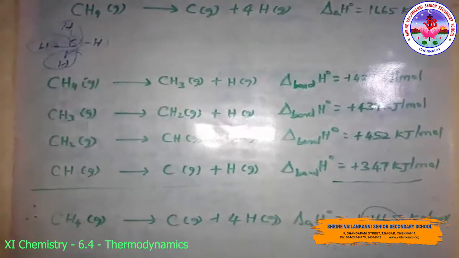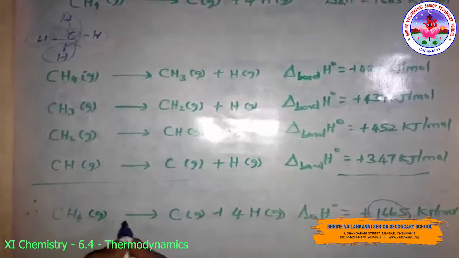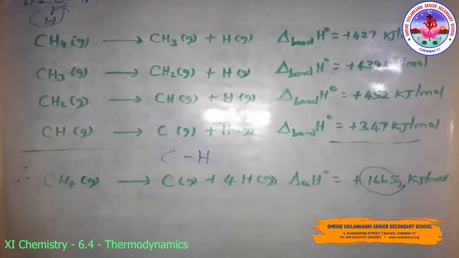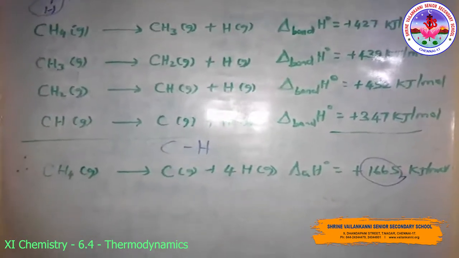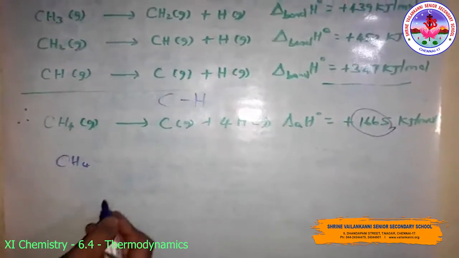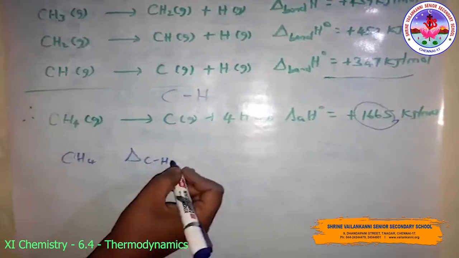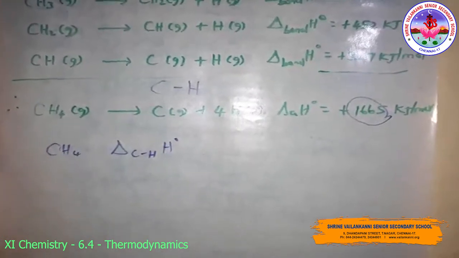Okay, so in such a case we use the mean bond enthalpy of the CH bond. For example, in methane, the CH bond enthalpy we can calculate like this.